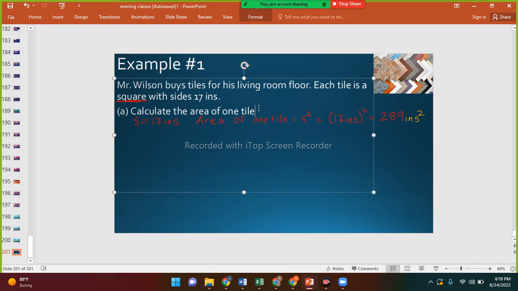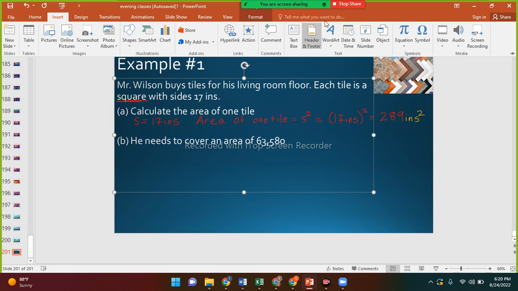So now the next question that they ask us is, speaking of Mr. Wilson, he needs to cover an area of 63,580 inches squared.